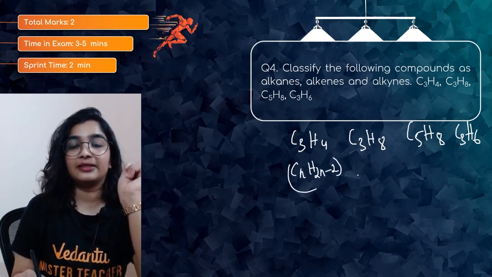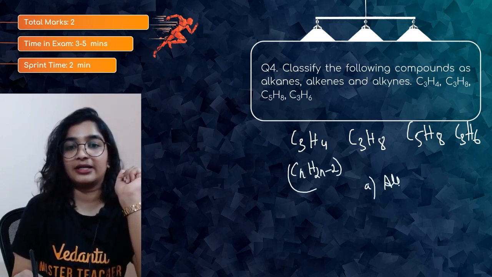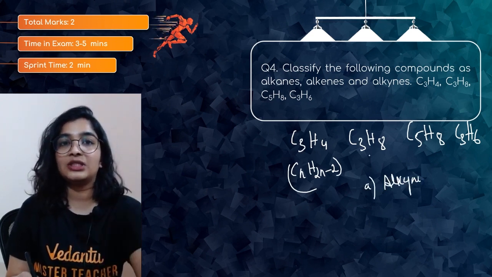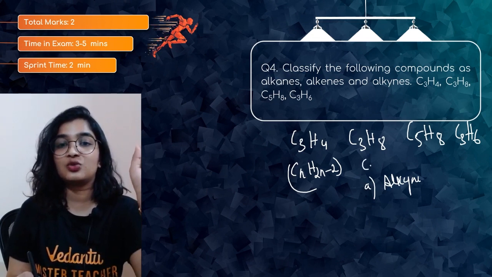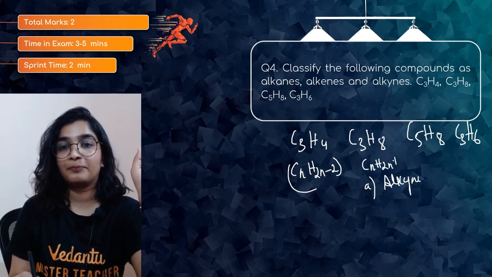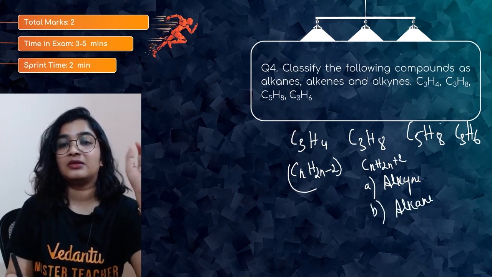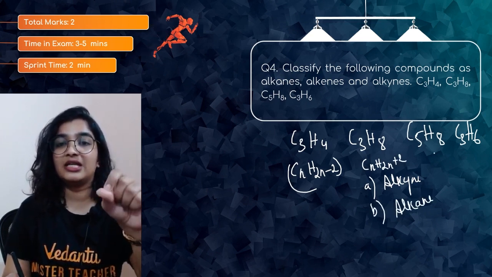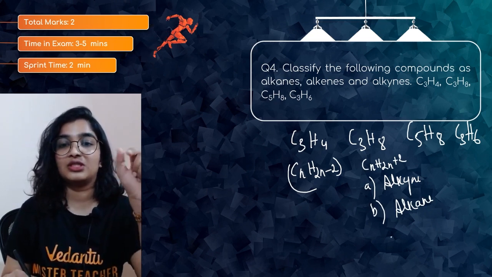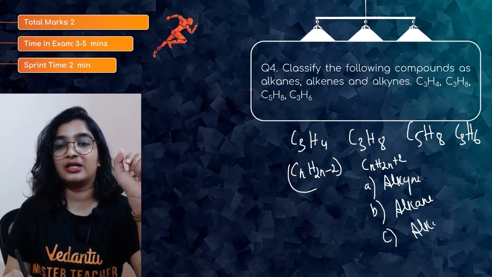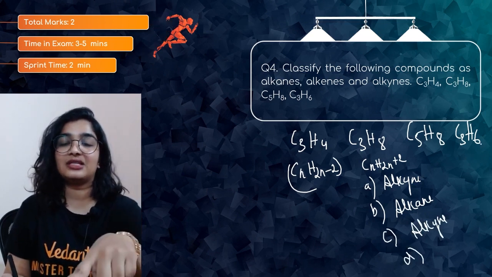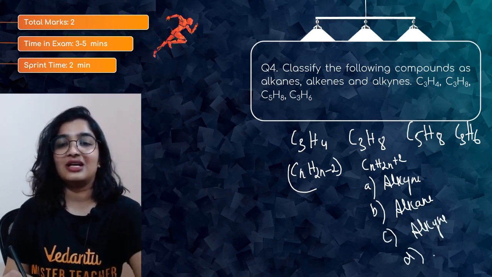This is an alkyne. So A is an alkyne. C3H8: 3 2s are 6 plus 2, so CnH2n+2. So B is an alkane. C5H8: 5 2s are 10 minus 2, 8. So this is an alkyne again. And the last one, C3H6: 3 2s are 6, CnH2n, so it is an alkene.